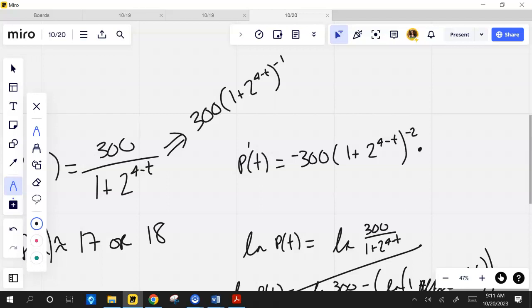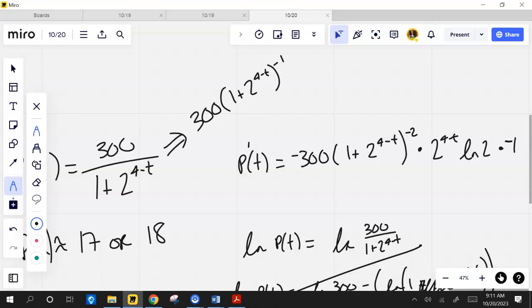Same thing: this is 2 to the x, so it's going to be 2 to the 4 minus t, natural log of 2, and now chain that, which would give me the -1.